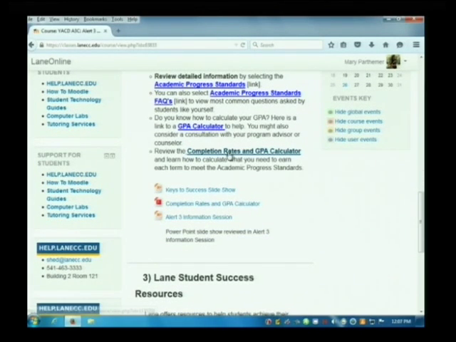Here's a completion rates and GPA calculator for figuring out where you stand during each term and what would happen if you got a C- in this class or a D+, or you can put in all your classes in a what-if scenario and see how that would affect your academic progress standards and also your financial aid SAP standards if you're getting financial aid.